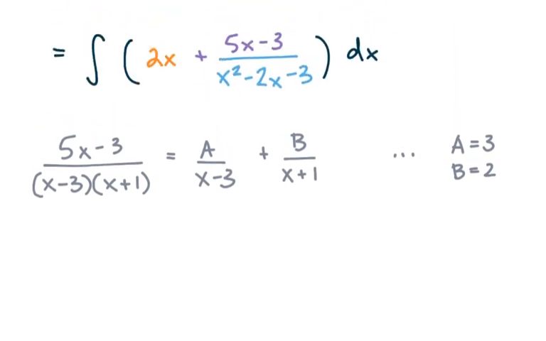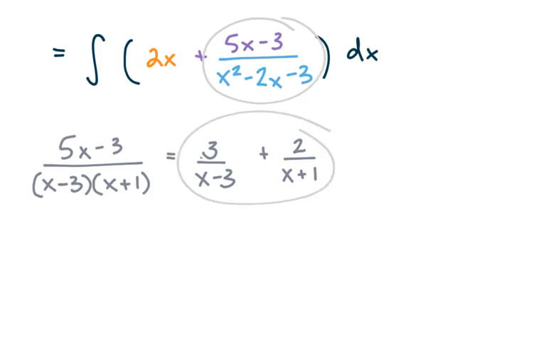What we have for this part of the fraction here is I'm now going to erase and sub that in. I've got A equals 3 and B equals 2. So I have a 3 value here and a 2 value there. This guy is now equal to these two terms.